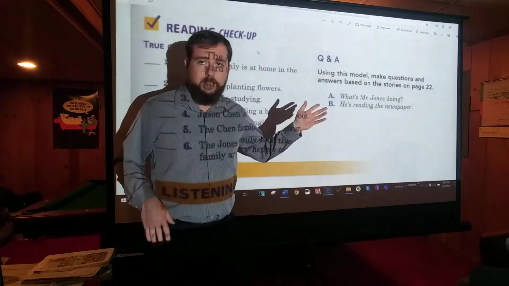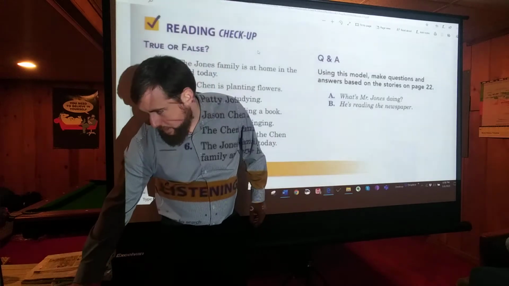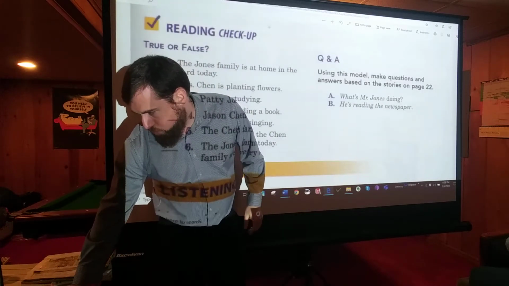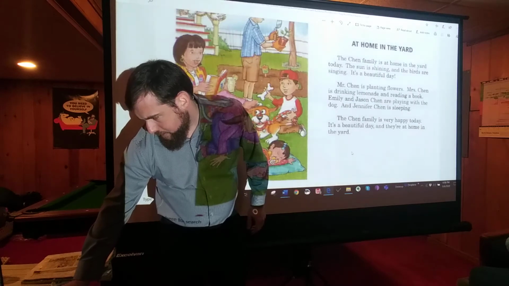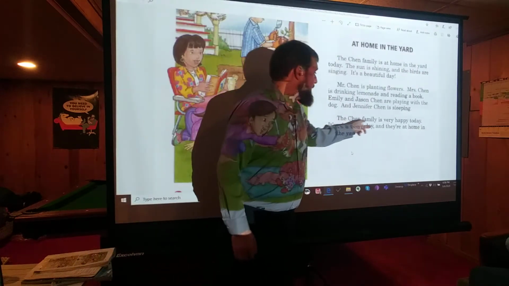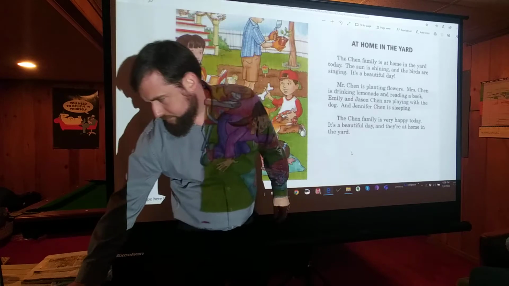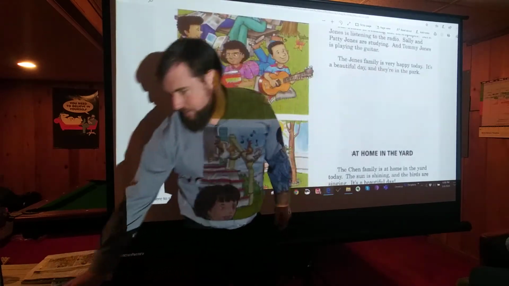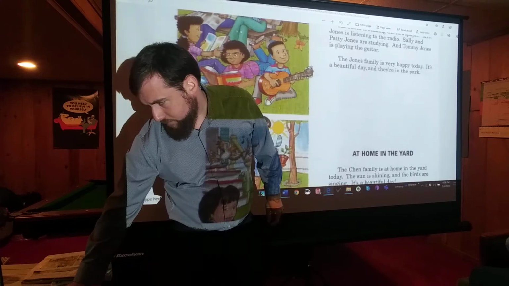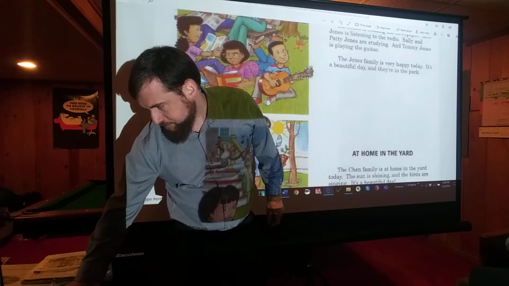True. I said that for both of them. The Chen family is very happy. The Jones family is very happy. So they're true. Okay, so now let's go on to these questions.